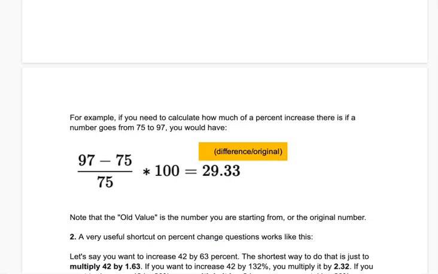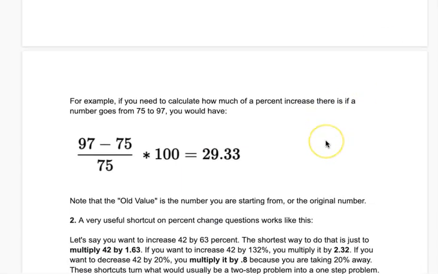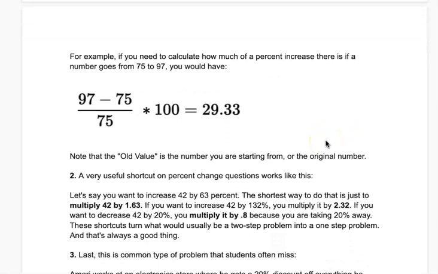By the difference, it means the difference between the two values divided by the original value, the starting value, and you multiply that by 100. That's exactly the same thing as this, except just slightly different wording. So that's one type of percent question and that shortcut that you need to know.